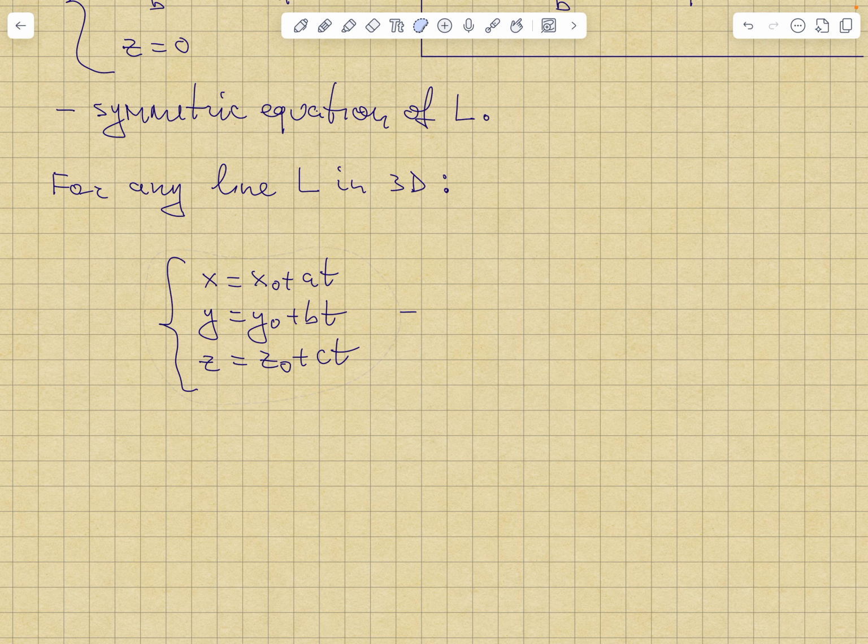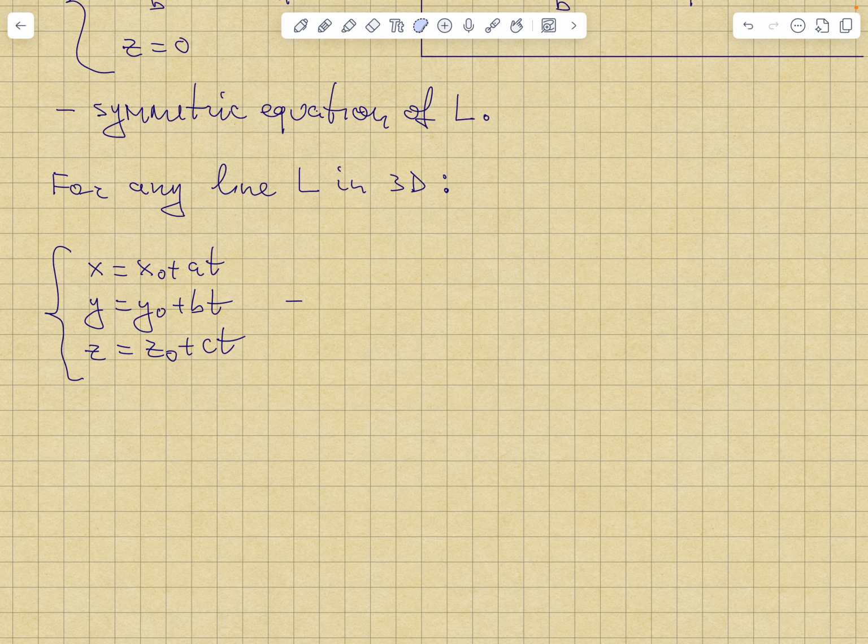I can solve the first equation for t. That gives me t equal to x minus x0 over a. I can solve the second equation for t. t is y minus y0 over b. I can solve the third equation for t. That is z minus z0 over c.